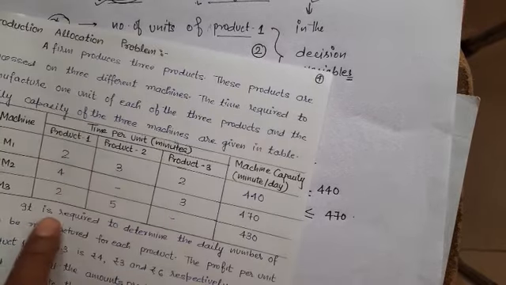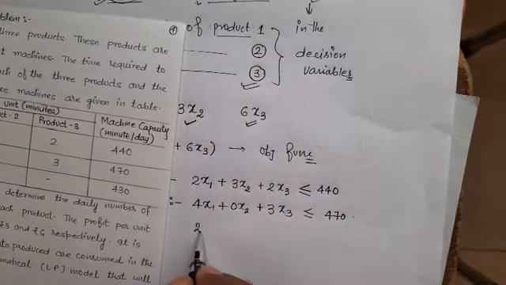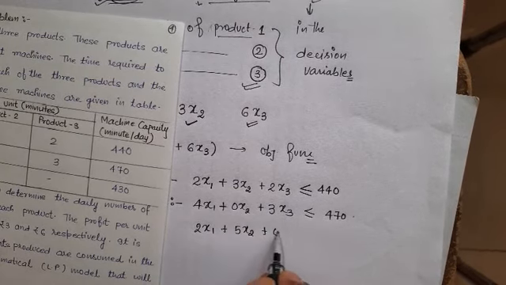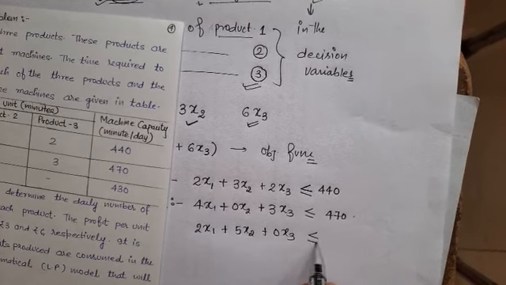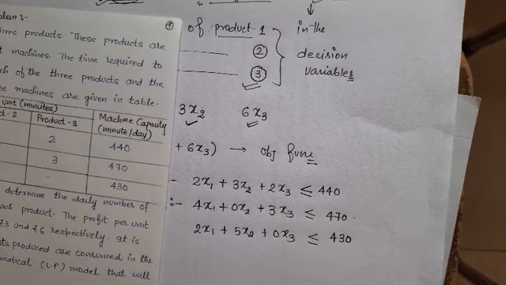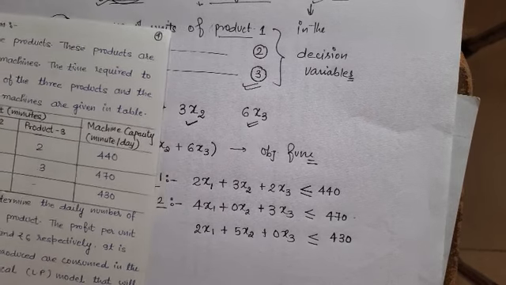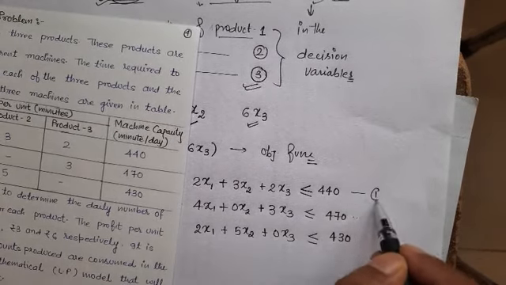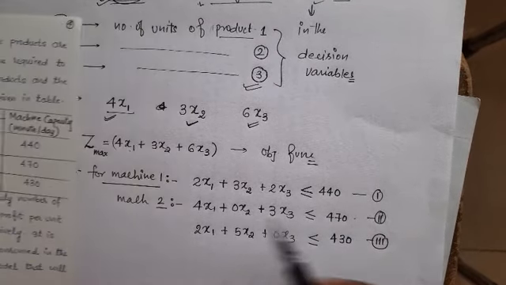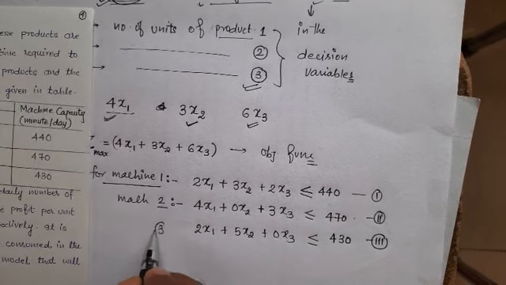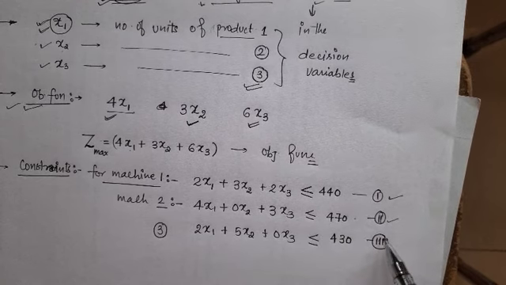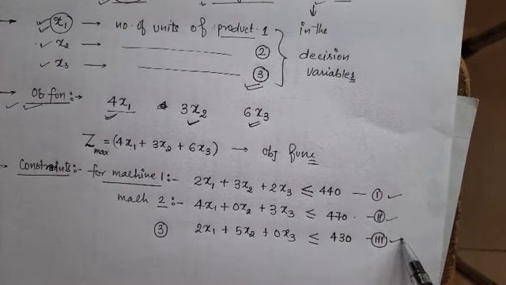Similarly for machine 3, from the table it is 2x1 and 5x2 plus 0x3, and if fully utilized it will be 430, otherwise less than 430. So these are the three constraints: constraint 1 on machine 1, constraint 2 on machine 2, and constraint 3 on machine 3.